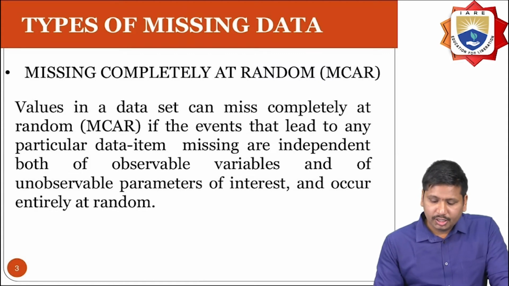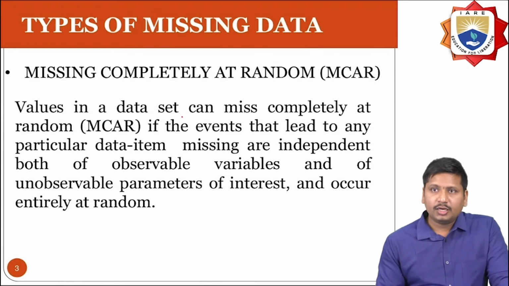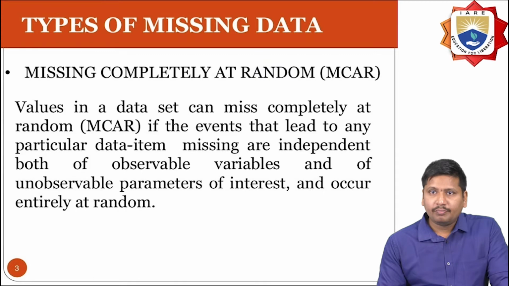Next, let's see in detail about missing completely at random. Here the values in the data set can be missing completely at random if the events that lead to any particular data item being missing are independent of both observable variables and unobservable parameters of interest, and occur entirely at random, right?